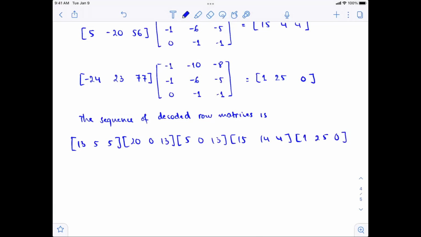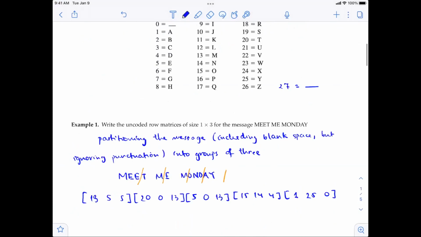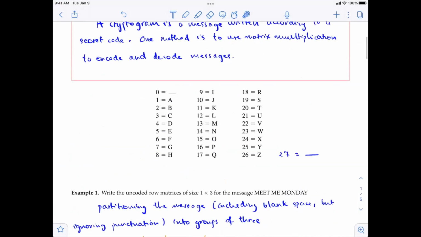And you will match these numbers with the alphabetical table that we have up here, right? The one-to-one correspondence, with A corresponding to 1, B corresponding to 2, and so on and so forth. And you will get the message of mid-May Monday again.